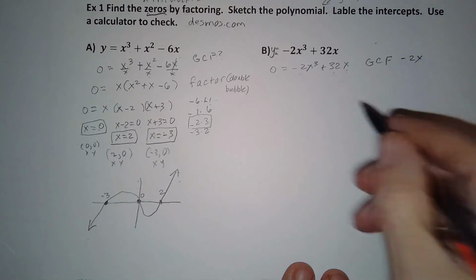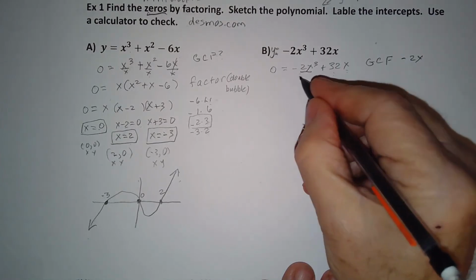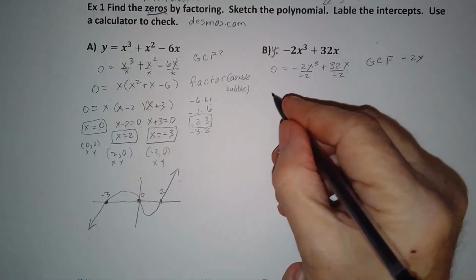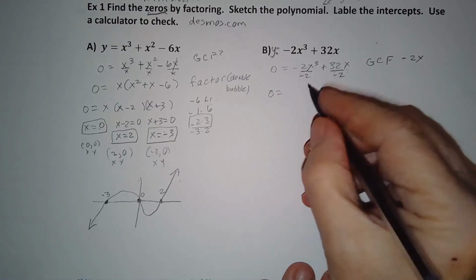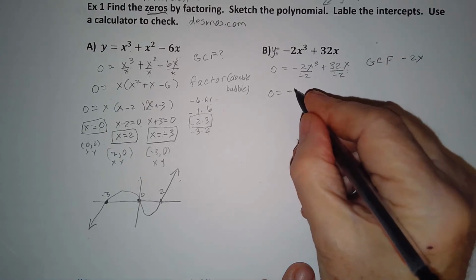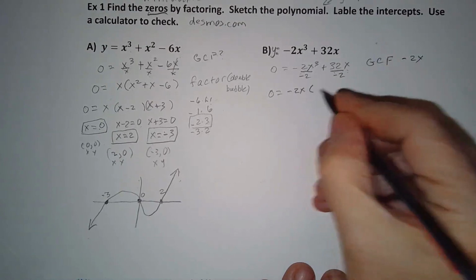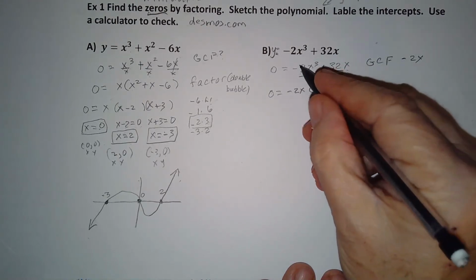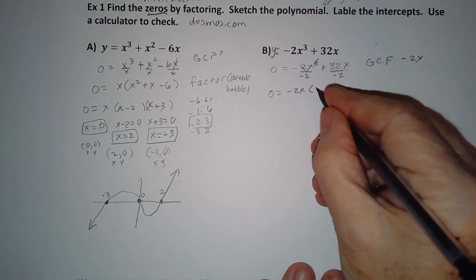All right? So let's divide by negative 2 for each of these terms, and you get 0 equals, and then since we're factoring it out, negative 2x, I'm going to put the negative 2x over here, and then in parentheses I'm going to put in here x squared.